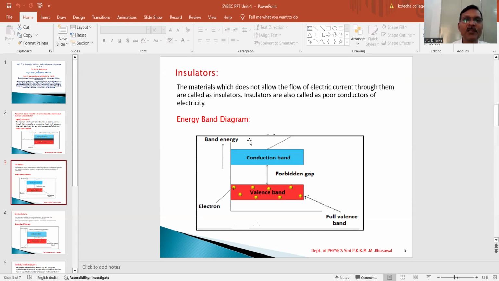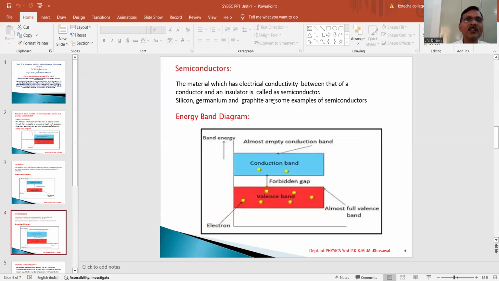With the help of the energy band diagram, we can see that in insulators, the forbidden gap is large as compared to conductors. You will see here maximum electrons are in the valence band, and in the conduction band there is no electron. That's why the current does not conduct.